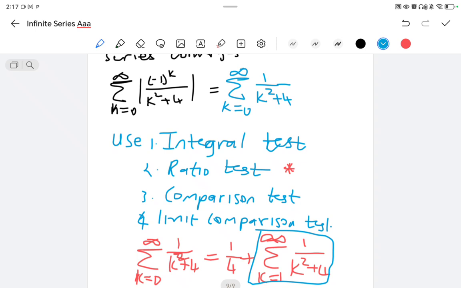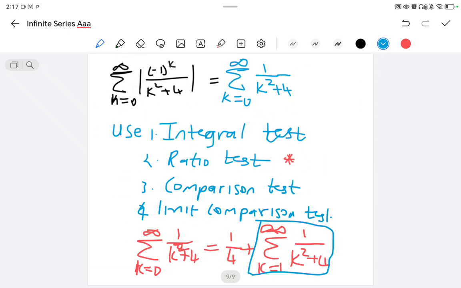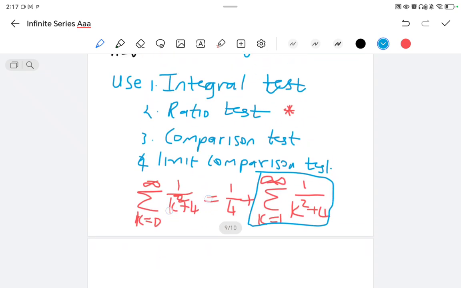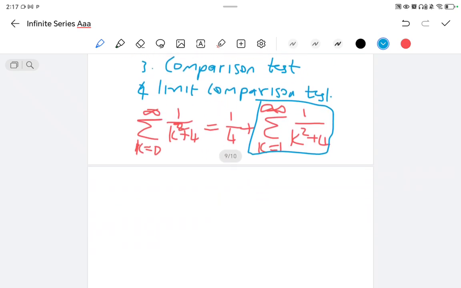Now when we come to the integral test, let me see. Yes. Based on time, I think we can't go through the whole tutorial. So I'm just taking a few questions.